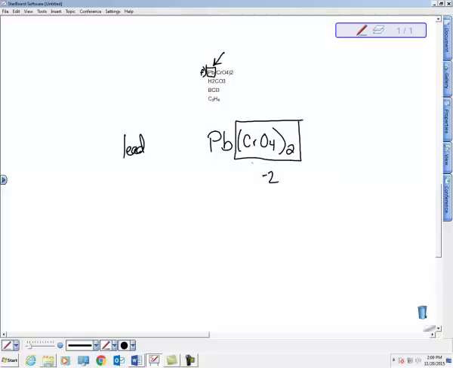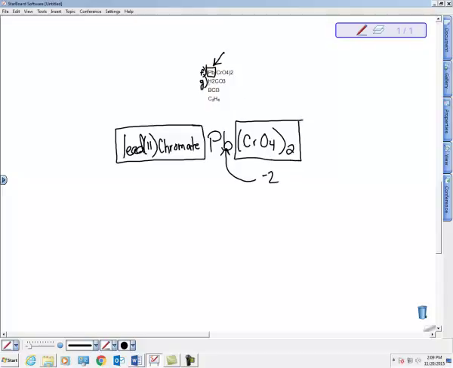Alright, if this guy is -2, what does your lead have to be? +2. So we're going to use the Roman numeral 2 to indicate that this lead has a +2 charge. And again, that ion's name is chromate. So there's your name, lead(II) chromate. The hardest thing for you guys on the test is going to be to remember the Roman numerals on the metals that come from the D block.